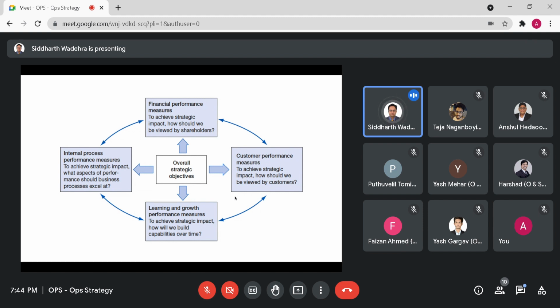It's not specific to operation strategy as such, but it's an amazing tool for us to be able to understand and take any abstract situation. And when you are trying to build in measures or matrices, you look at four of these parameters, and we do it when we speak to clients as well.